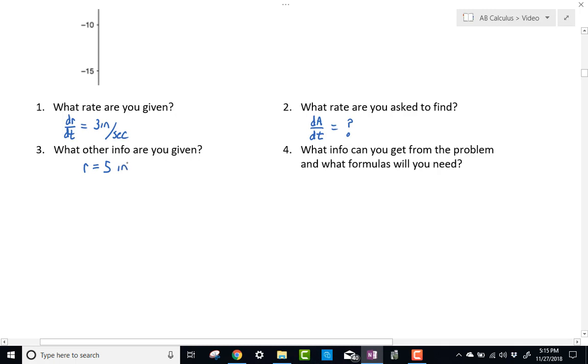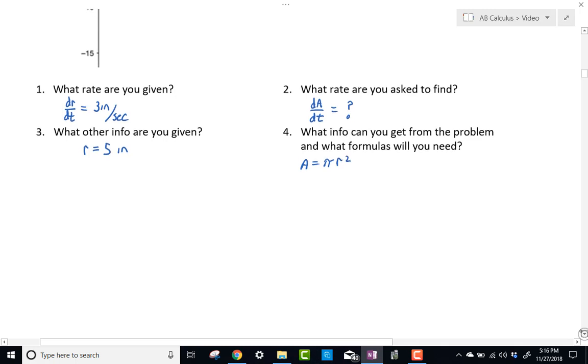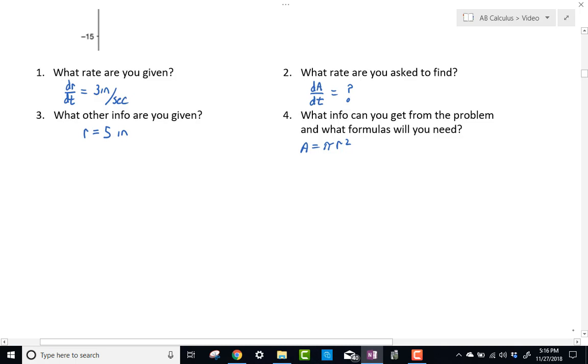Okay, and what other info can we get from the problem, and what formulas will you need? Well, in this case, we're talking about the area of a circle, so we know that we might be able to use area equals pi r squared. Now a lot of people might be tempted to say, well, since the radius is 5, let's just plug in 5 first. And the problem is that you cannot do that.